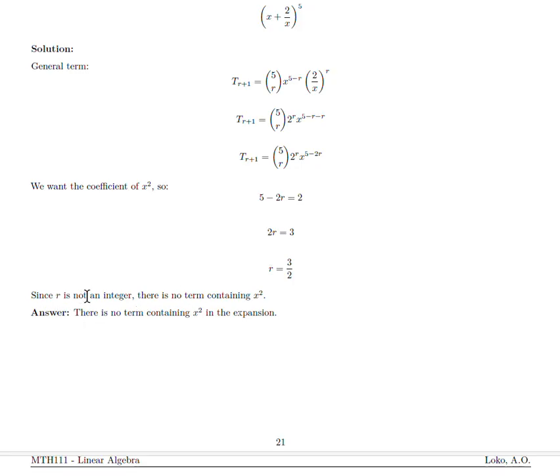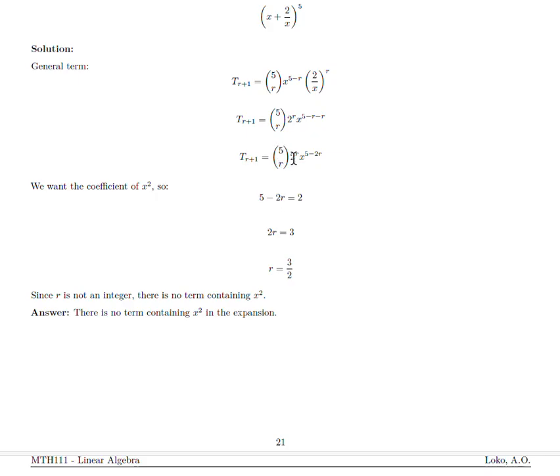Since r is not an integer in this case, there is no term containing x squared. We need r to be a positive integer, that is a positive counting number, a positive whole number, because we cannot do combination of a rational number.